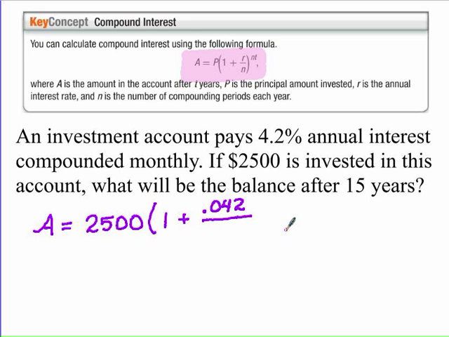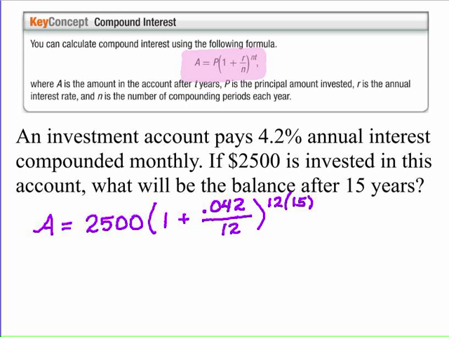Divided by n, remember that's the number of times compounded per year. They say it's compounded monthly, which means 12. Okay, and then outside I have n on the exponent, times t, where t is my time in years. So 15.